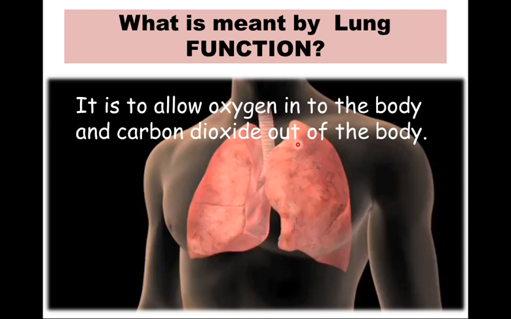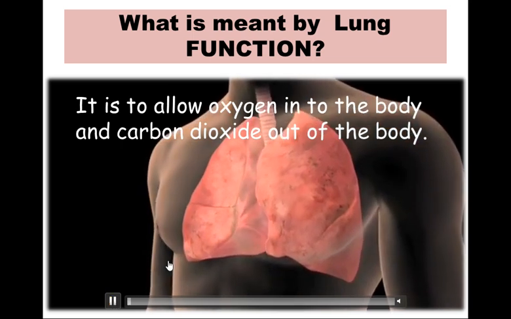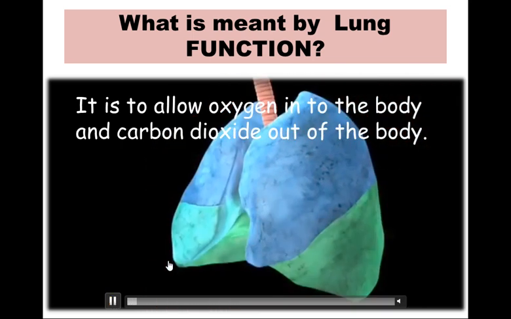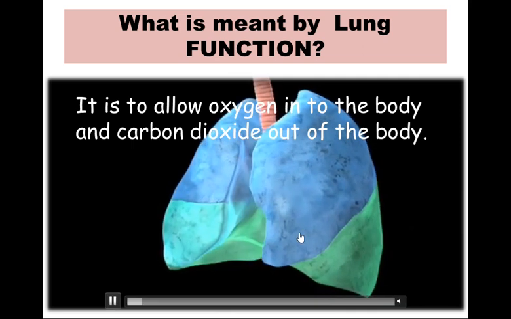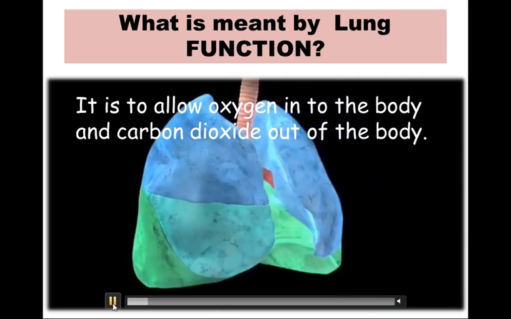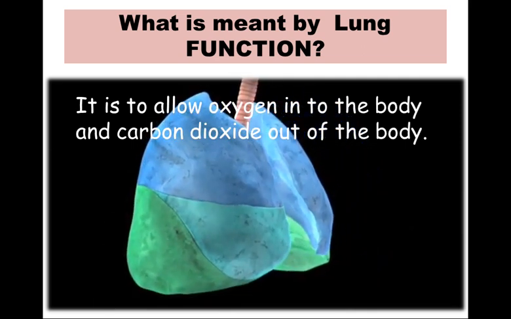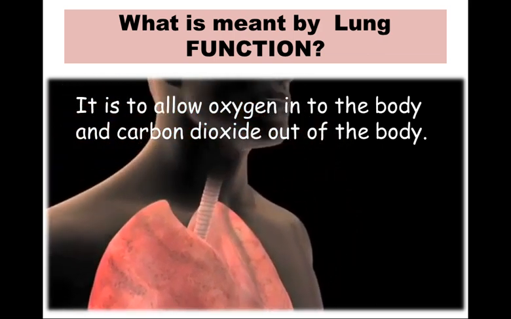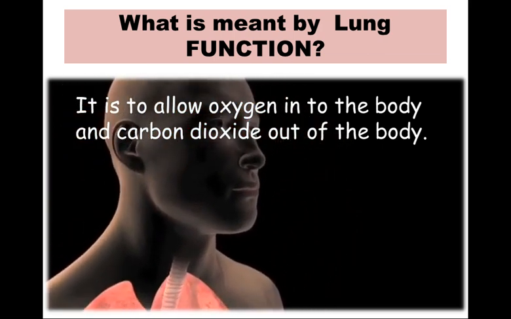Now, let us have a look at this video to find out how this happens inside our body. As you can see, the lungs are visible here. The lobes are differentially colored and are expanding with every inhalation and exhalation.